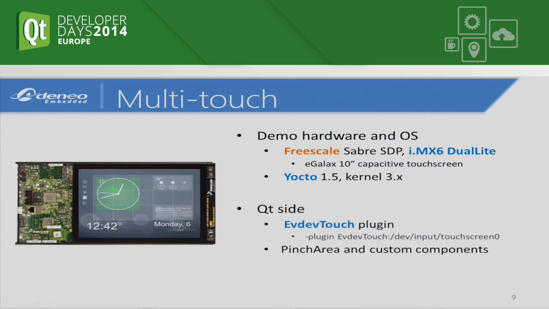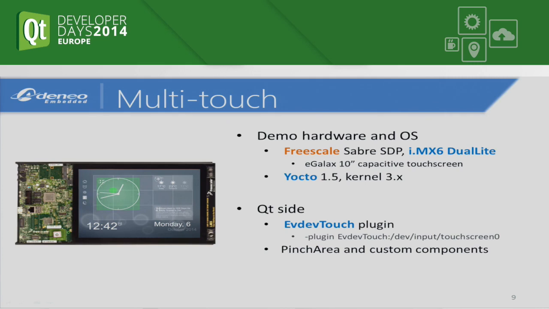And on the Qt side, we use fdev-touch. So this is the command line to start the application, provided you have compiled your Qt library, the complete Qt library. It's minus plugin, then fdev-touch, and the path to your touchscreen driver.